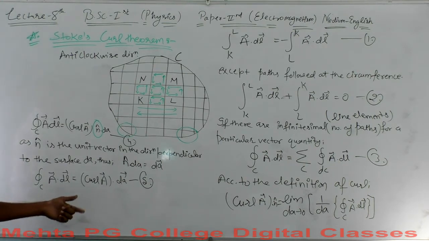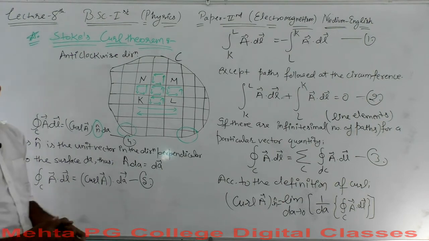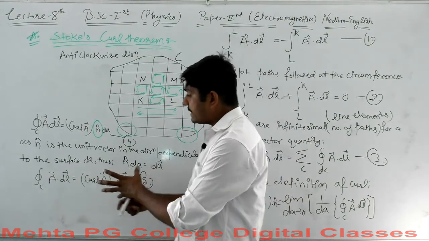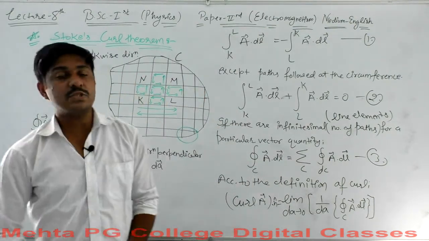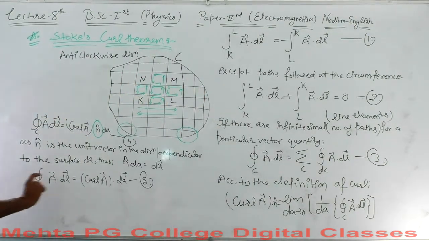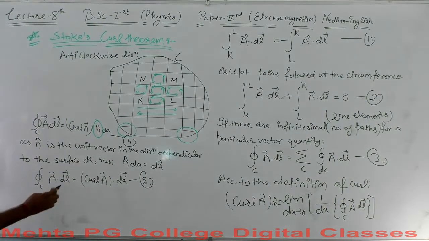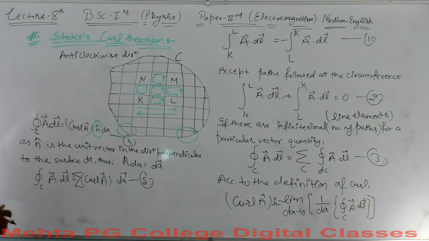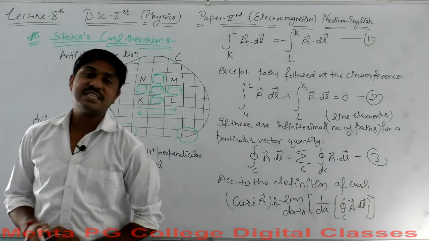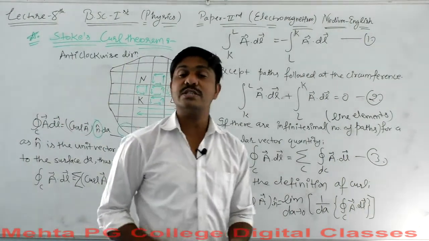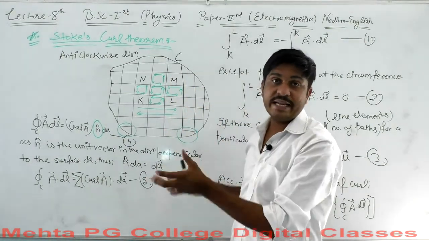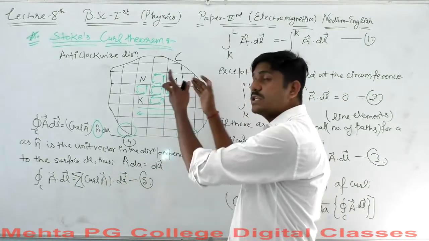Now the curl is again represented in terms of the element area, because this is for the whole quantity, dl is for the whole quantity. So we can sum up all these quantities here. That's why I am using this summation for all the area elements. This is a part of that area element, not the whole area, so the curl is only for this area element.